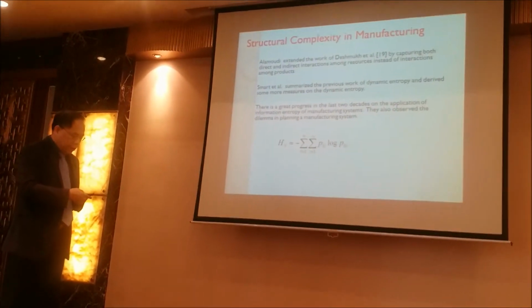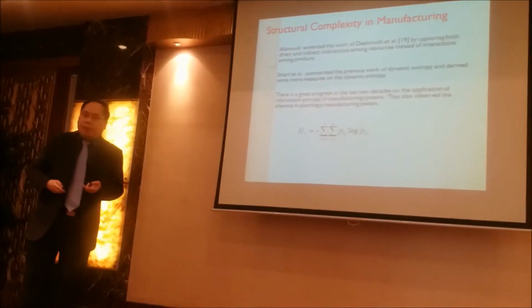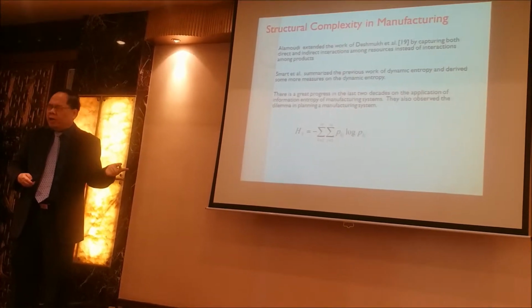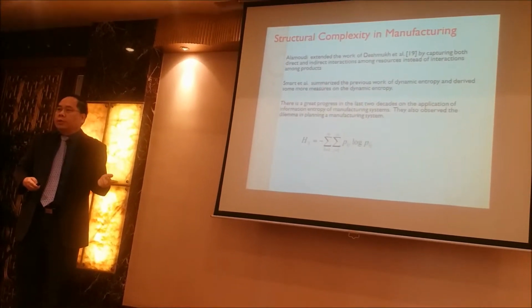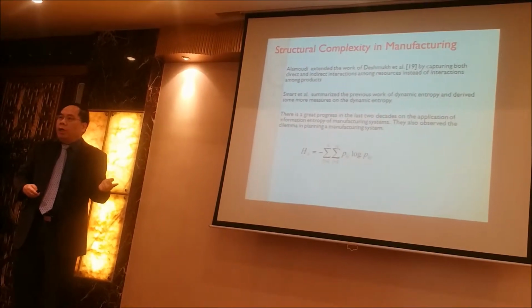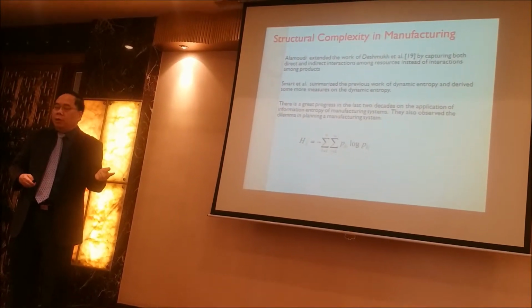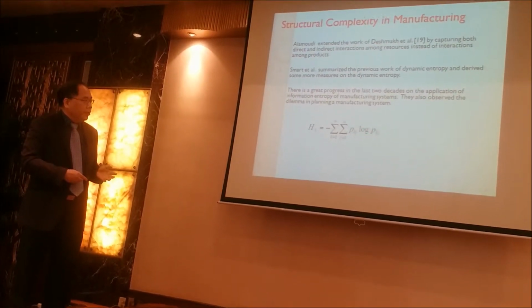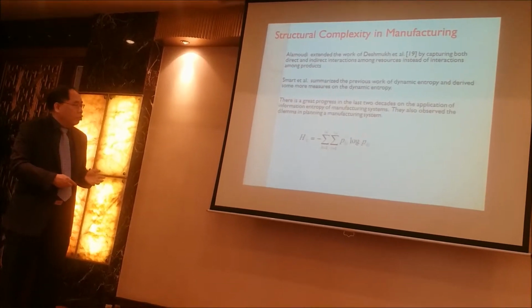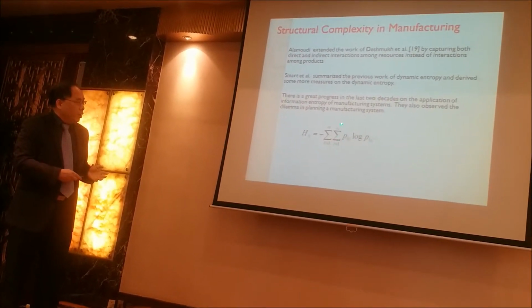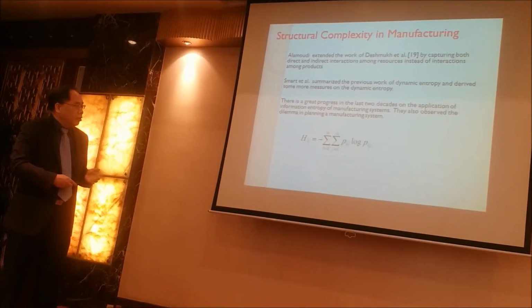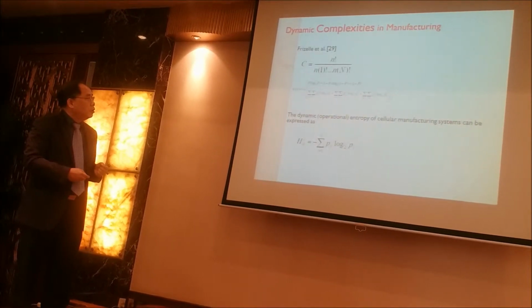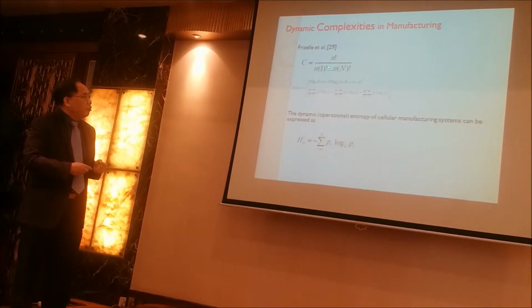So basically, these are the equations for complexity. This is based on Shannon's information entropy, which has a similar form to physical entropy. Basically, we have the probability of one thing happening, and we take the log of this probability, and group them together as a measure of complexity at whatever stage.